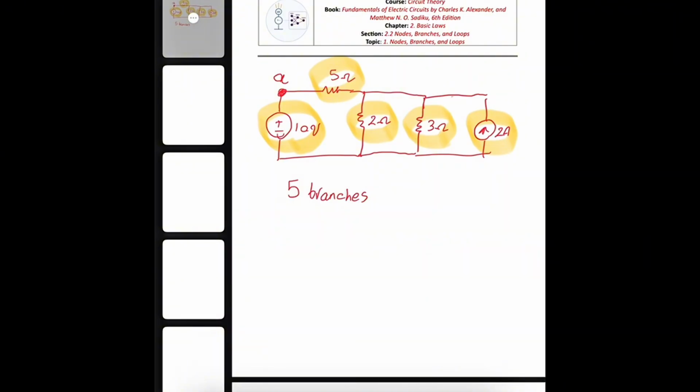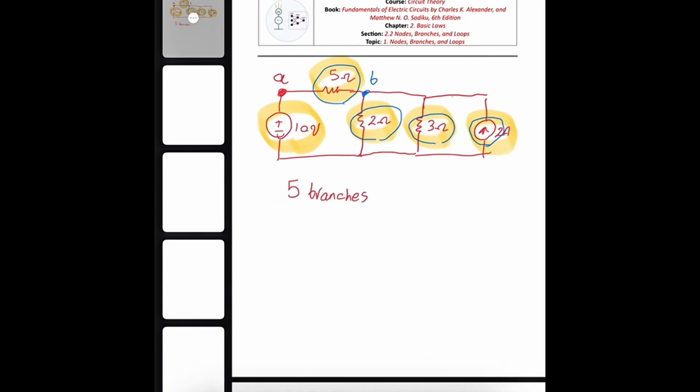We also can have node B over here, which connects the 5 ohm resistor, 2 ohm resistor, 3 ohm resistor, and the top wire to the current source. You can see all of them are connected to here. We call all of them node B.